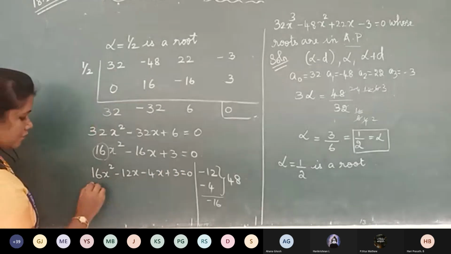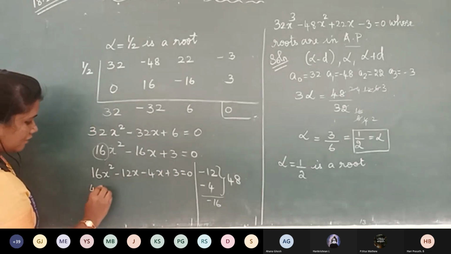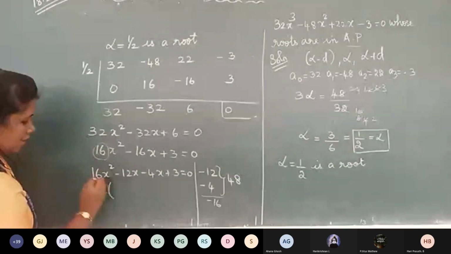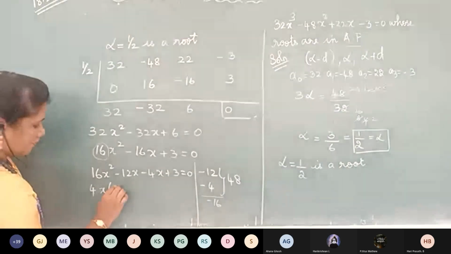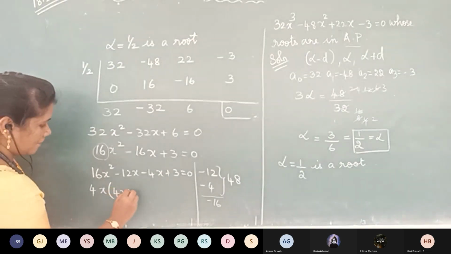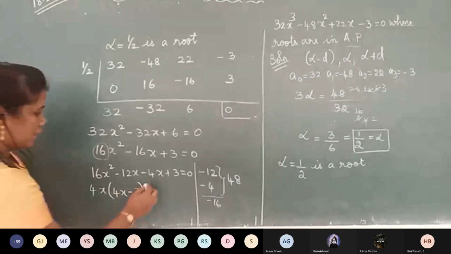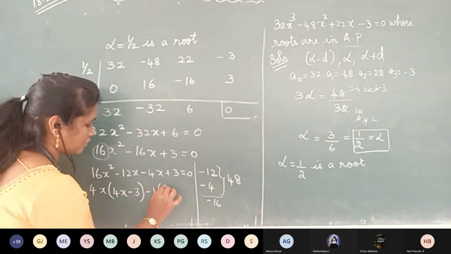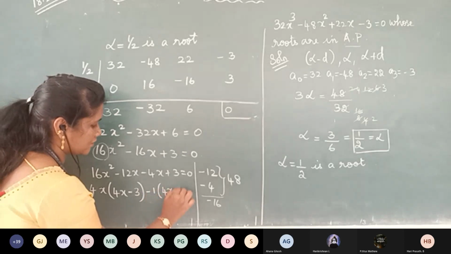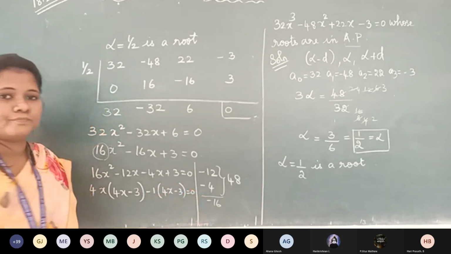Solve it. In both the terms, 4 is common. So I'll take 4x outside. So you'll have 4x minus 3. And here I will take minus 1 outside, so it will be 4x minus 1. So one of the values is 4x minus 3 equal to 0.